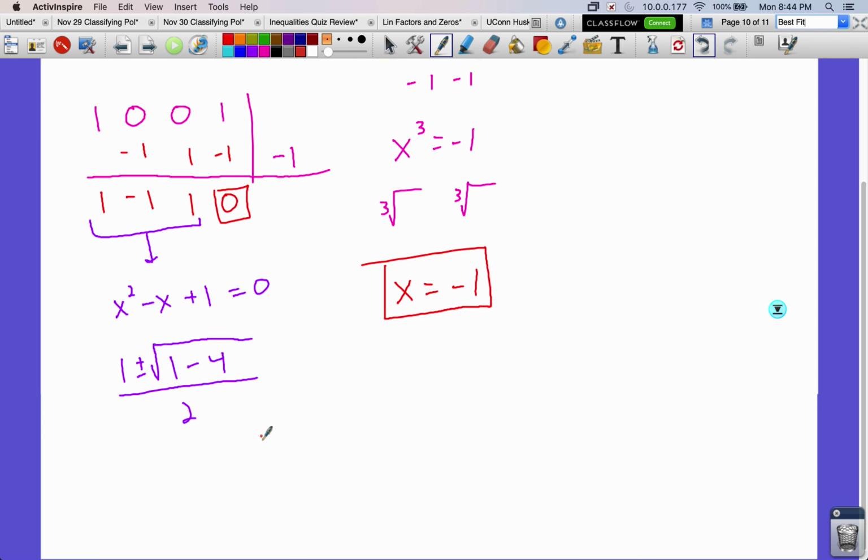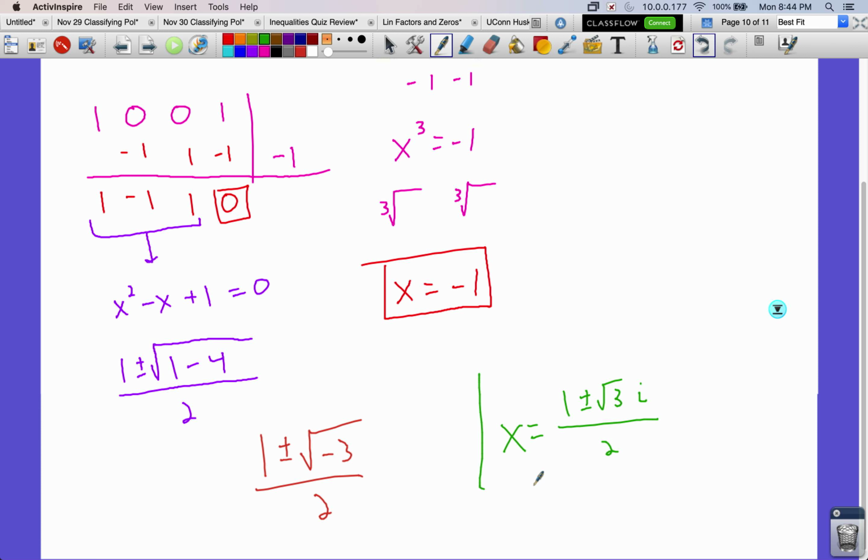Now we've got 1 plus or minus the square root of negative 3, all over 2. I don't want a negative inside my radical, so I'm going to pop that out as an i, and I get x equals 1 plus or minus root 3i all over 2. And that counts as my other 2 roots.